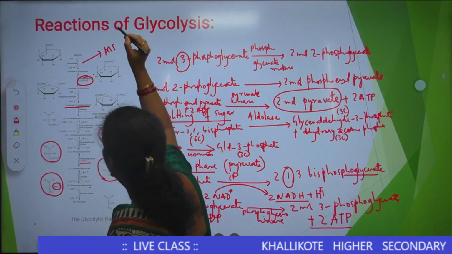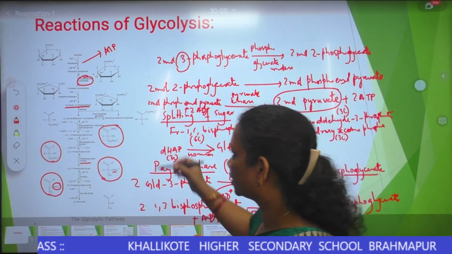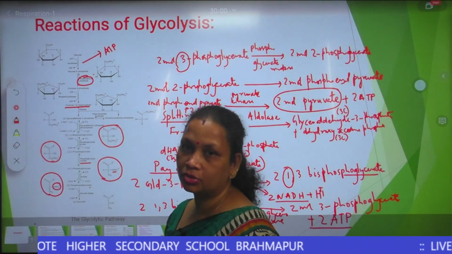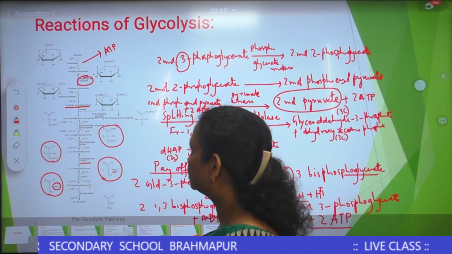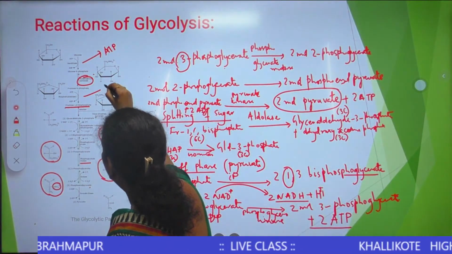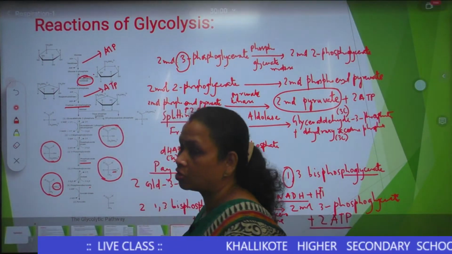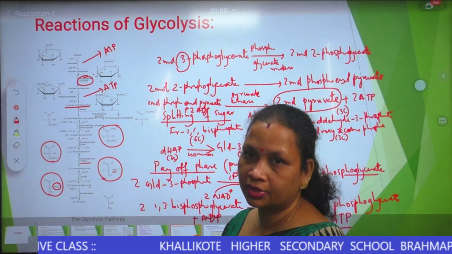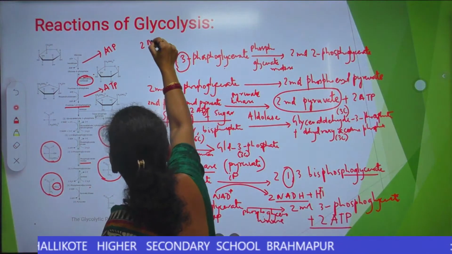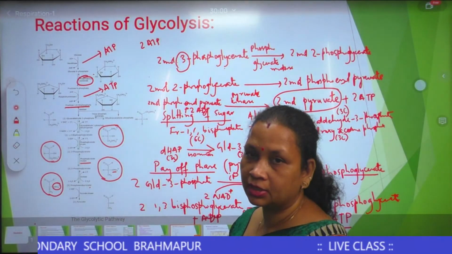Second ATP is when fructose 6-phosphate is converted into fructose 1,6-bisphosphate. So, here again we are using 1 molecule of ATP. So, 2 molecules of ATP are being used.